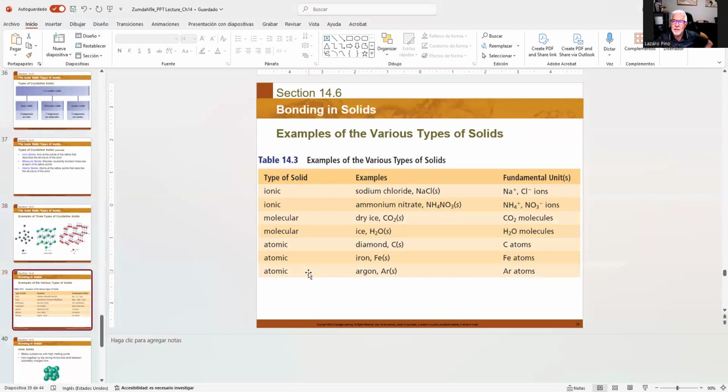Here you have in this table different kinds of solids and what the units are in each case.